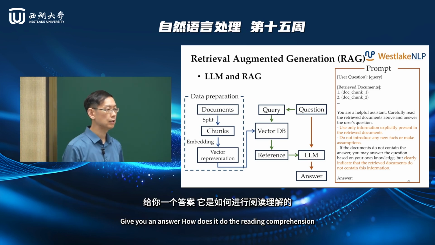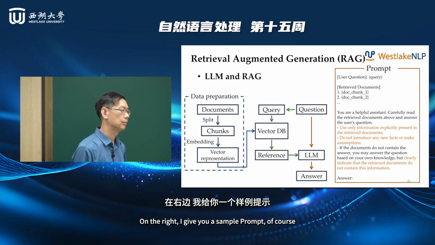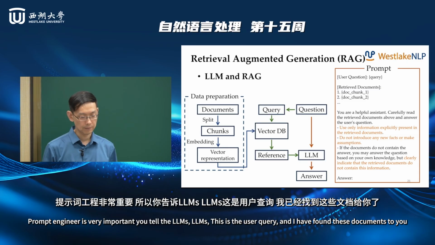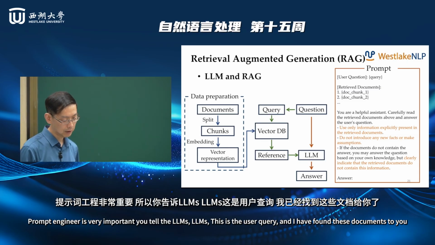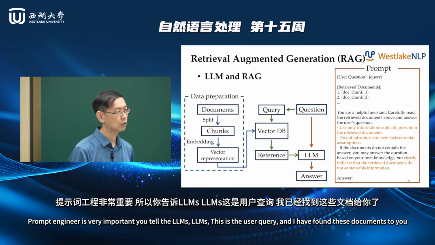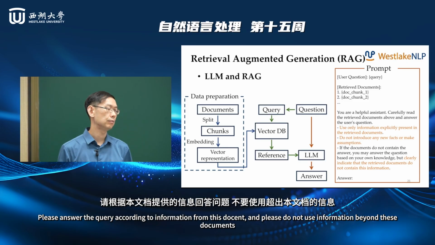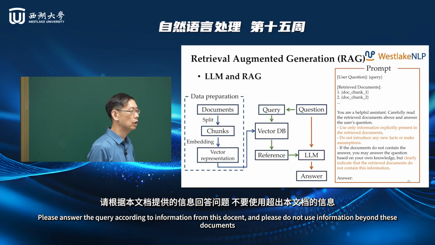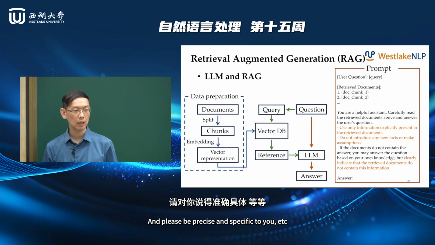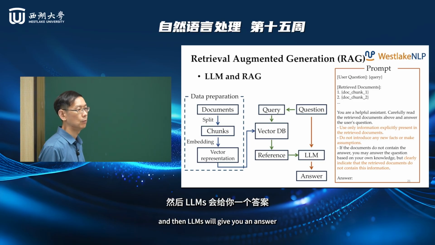How does it do the reading comprehension? On the right, I give you a sample prompt. Of course, prompt engineering is very important. You tell the LLM, this is the user query, and I have found these documents for you. Please answer the query according to information from these documents, and please do not use information beyond these documents, and please be precise and specific, etc. And then the LLM will give you an answer.